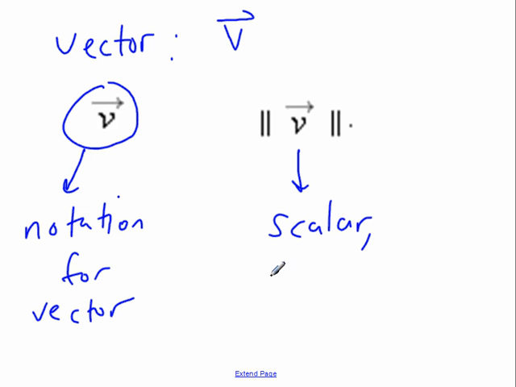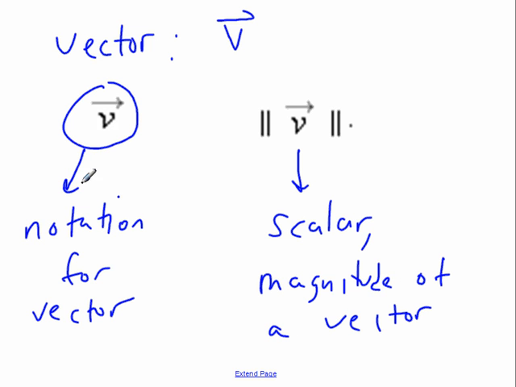So this is only the magnitude of a vector without its direction. So this vector v here has both magnitude and direction. When we take the absolute value of it, it becomes a scalar, which means that it's just the magnitude without direction.